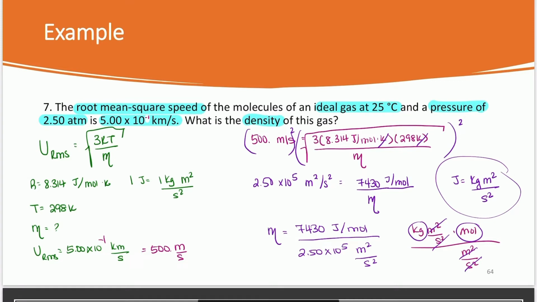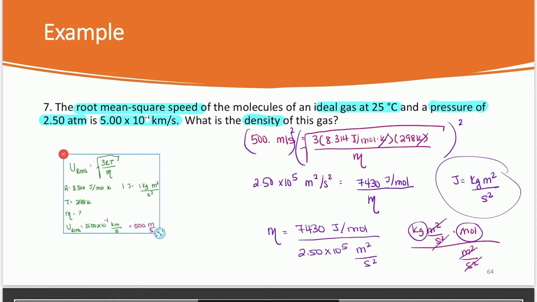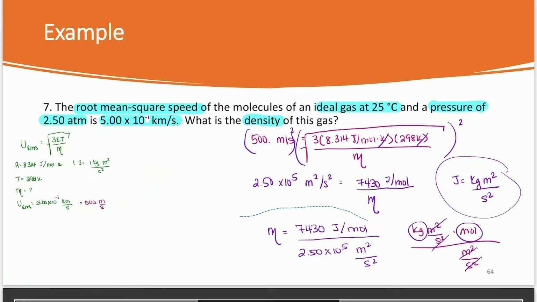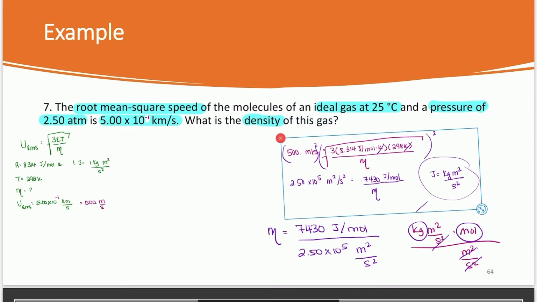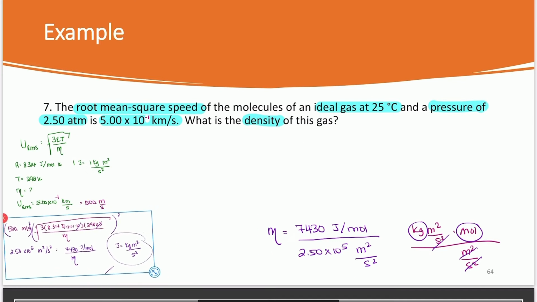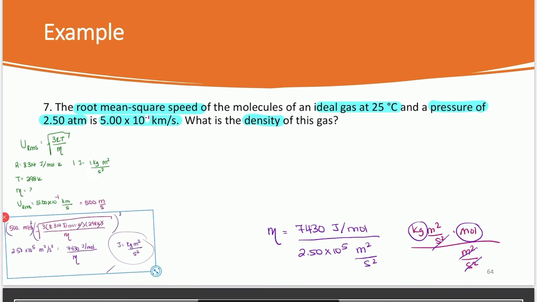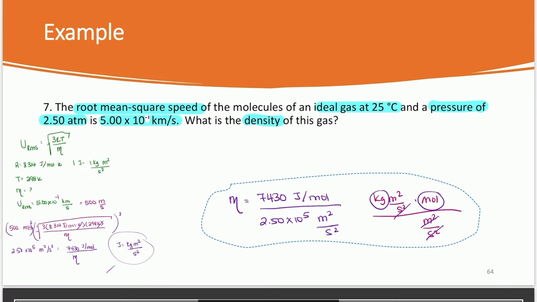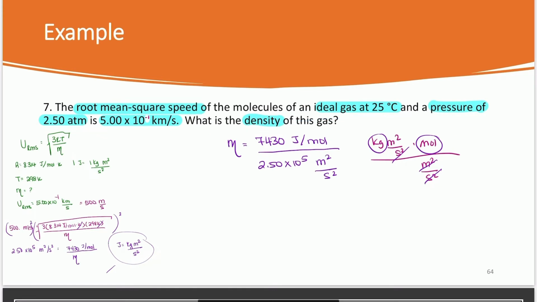And of course, I'm going to run out of room. When you solve this out, you're getting an answer here of 0.0297 kilogram per mole, which is the same as 29.7 grams per mole.